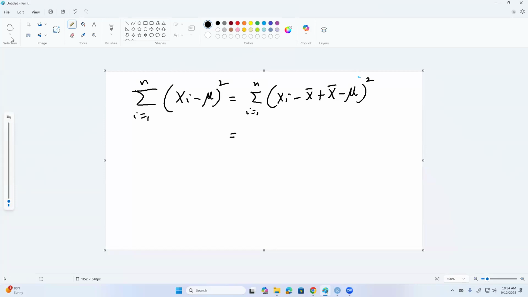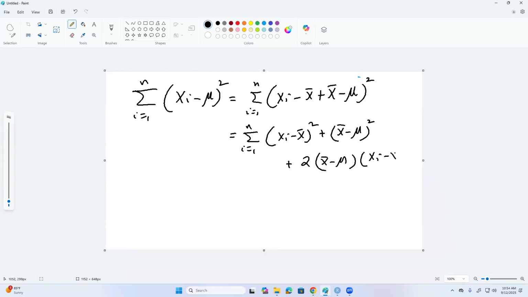It is a squared plus b squared plus 2ab. And the summation sign is right at the front. Now, when you have the summation sign in front, you take the summation before each of the terms separately.